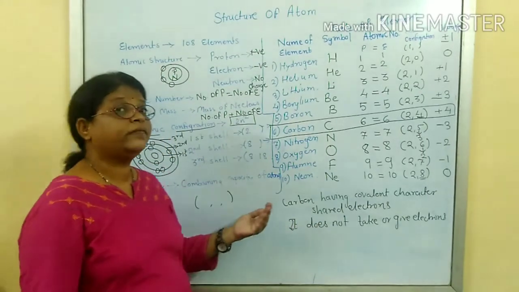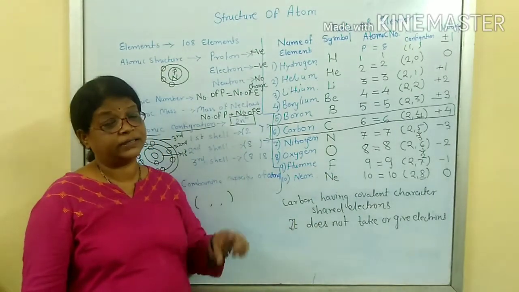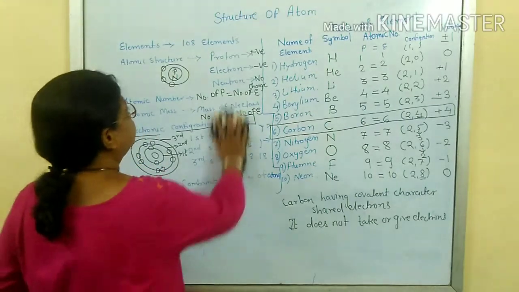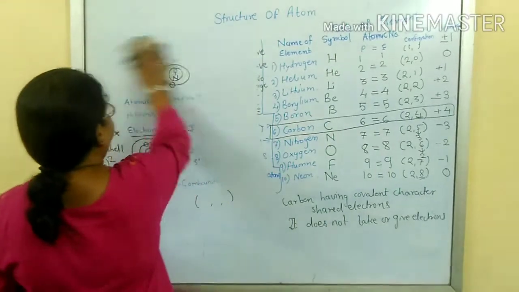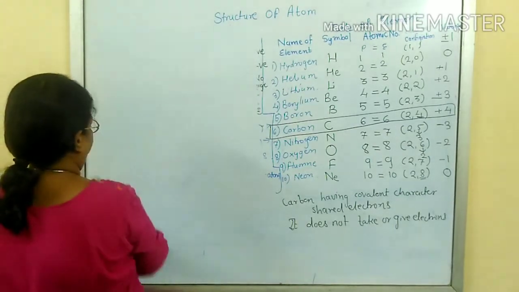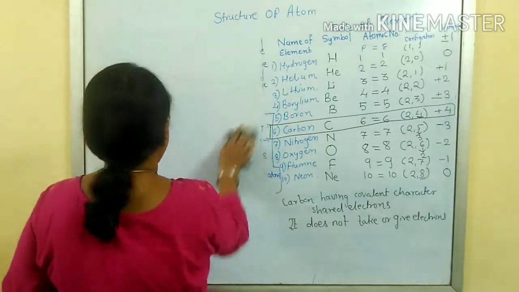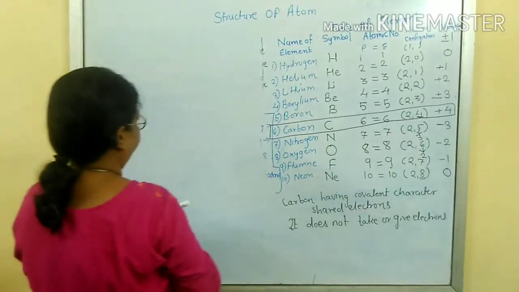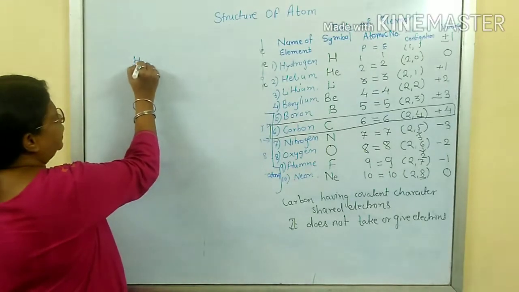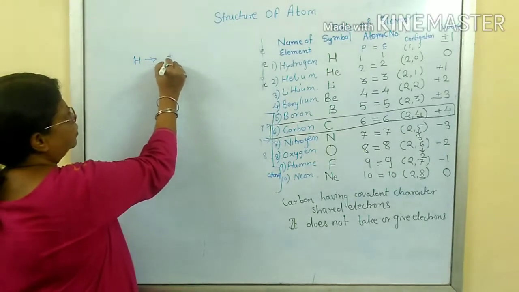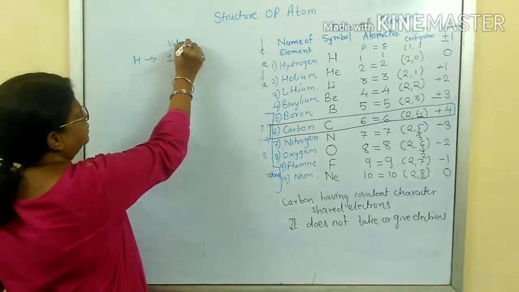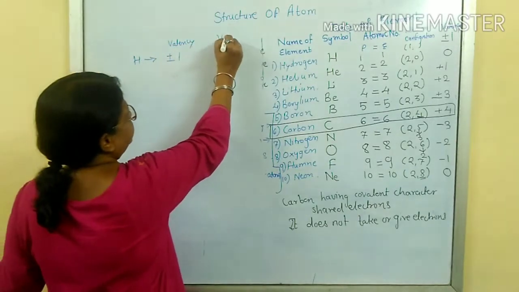So now, what is valence, valency and valence electron? So we will see what is valency. Here hydrogen has valency plus or minus 1, that is valency. And what is valence?